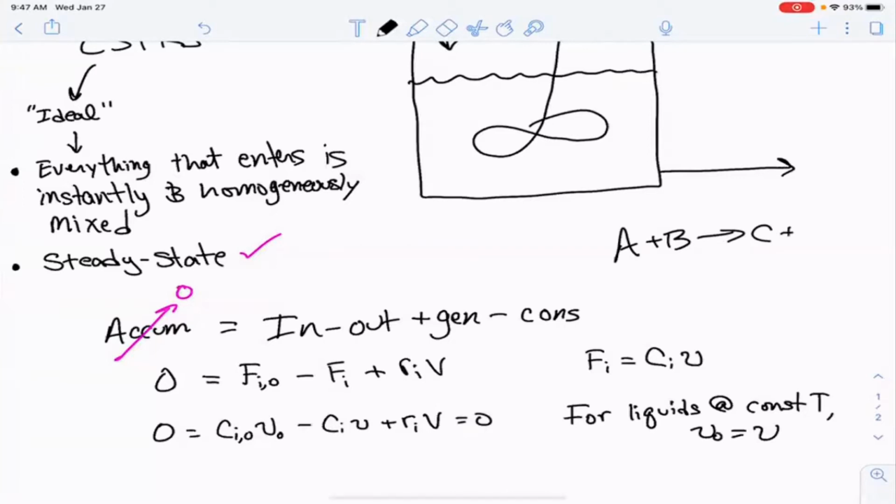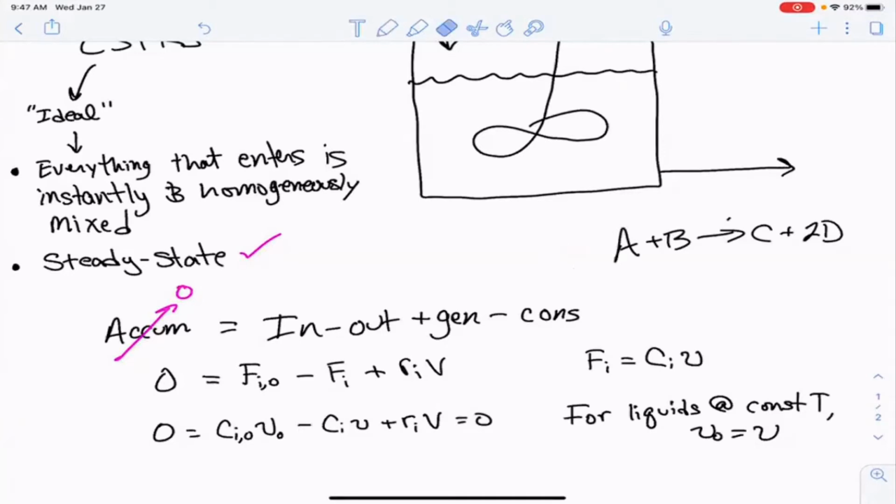Or if we had the number of moles increase and the volumetric flow rate stayed the same, well, then the volume would get bigger because we're making more and more moles over time. So if we want the volume of the CSTR to essentially be constant, sometimes when we have gas phase reactions, we have to take the difference in the number of moles of reactants into consideration.